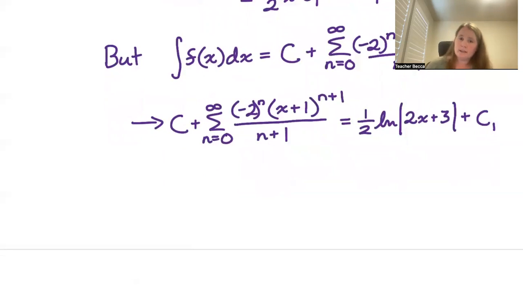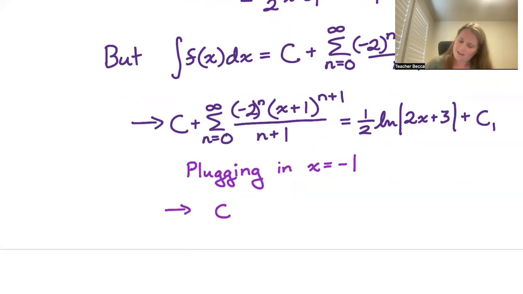Now, if we plug in x equals -1, then we have C plus, plugging in x equals -1, that's just going to be 0 raised to any power. We'll have a 0 to the first power at n equals 0 and 0 beyond that for higher n. So the sum will just go to 0. Why don't we actually write that out?